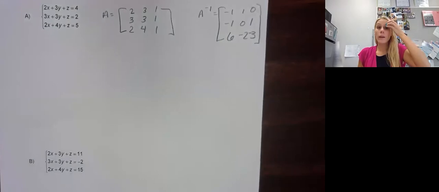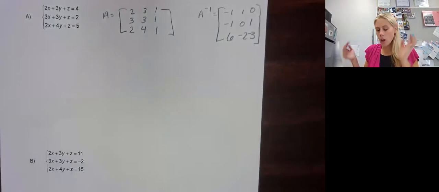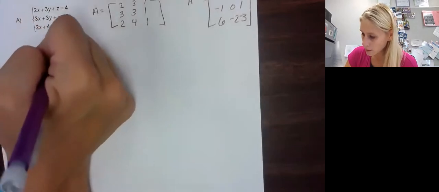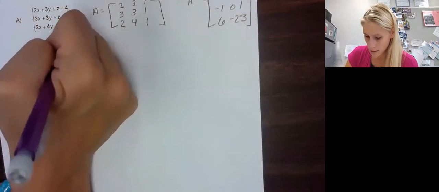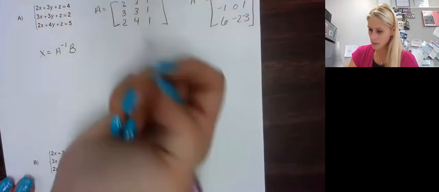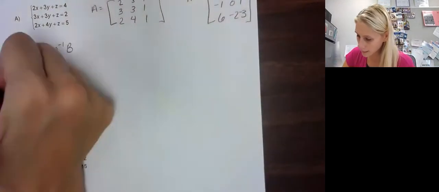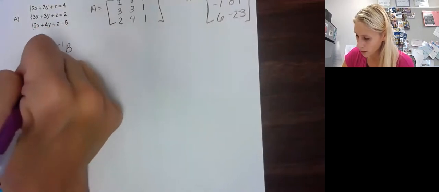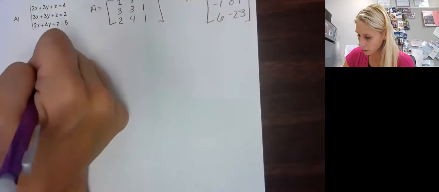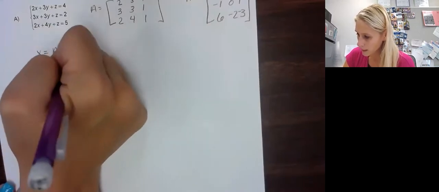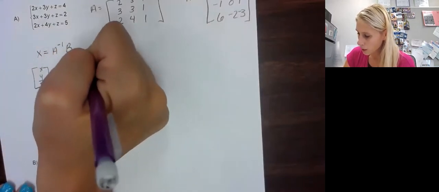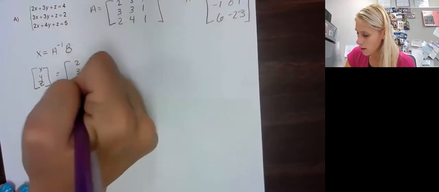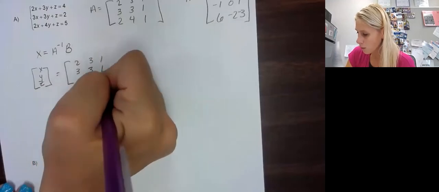So when we have the inverse, luckily, because we did all that work for it already, we can automatically set up that X equals the inverse times our constant. Now here's the thing, that means our variable x, y, z matrix equals this 2, 3, 1, 3, 3, 1, 2, 4, 1.